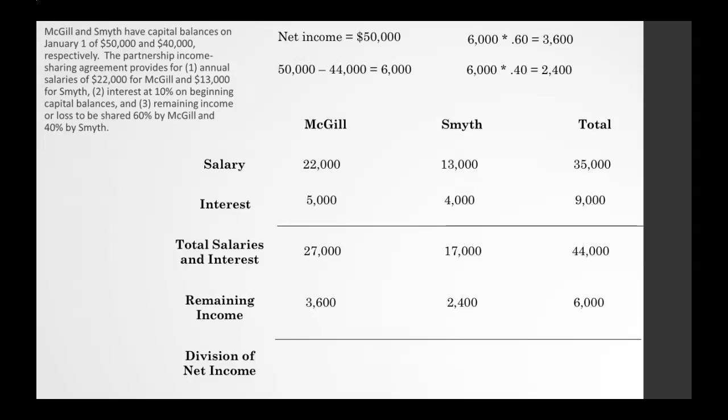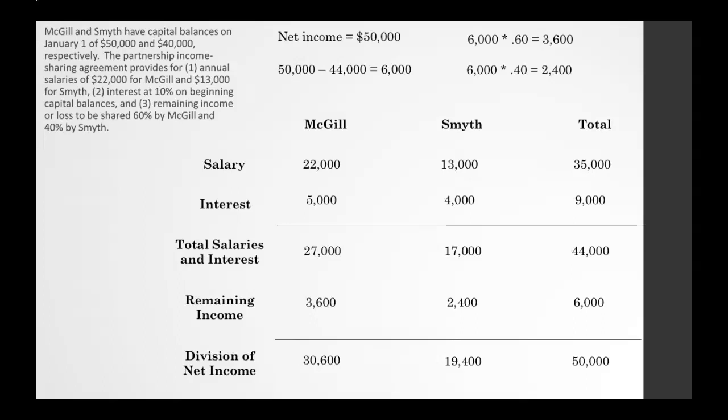Now, your division of net income, we take the total salaries and interest, add in that remaining income that we just found. So for McGill, that's 30,600. For Smith, that's 19,400. And then you'll notice that the total, the grand total at the very end, is 50,000.